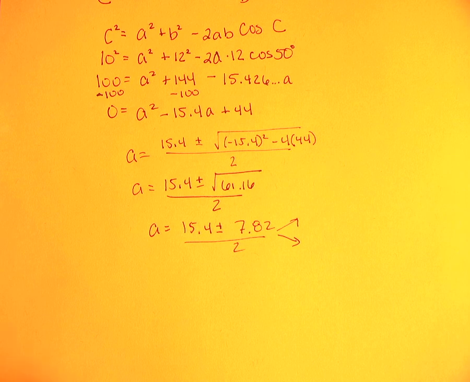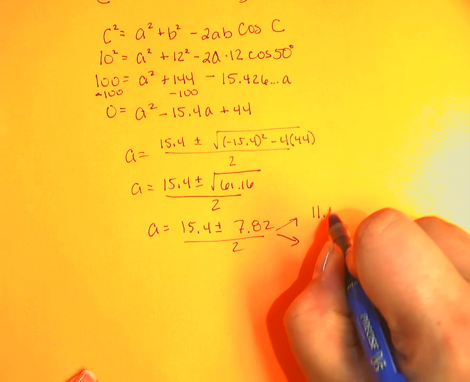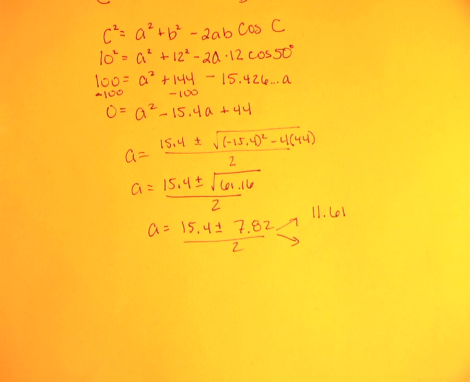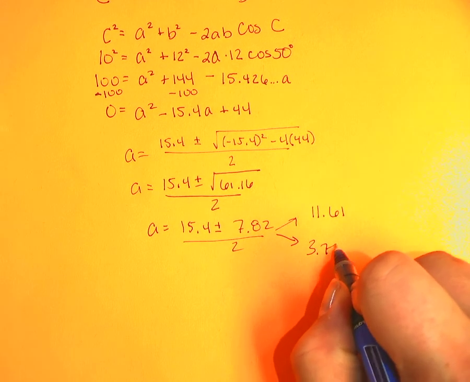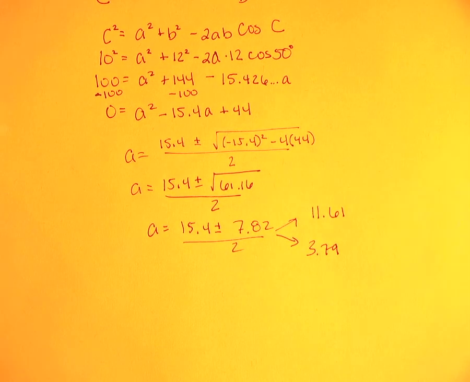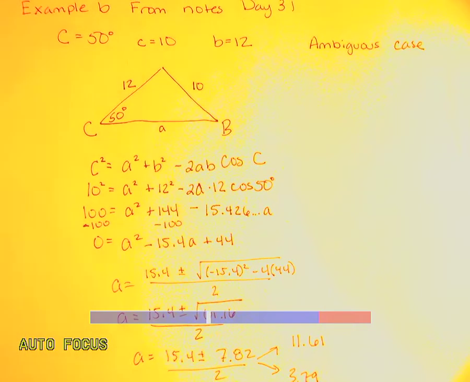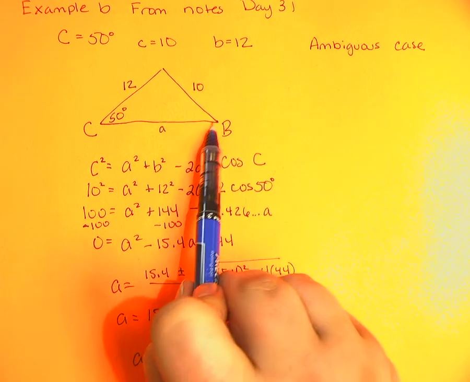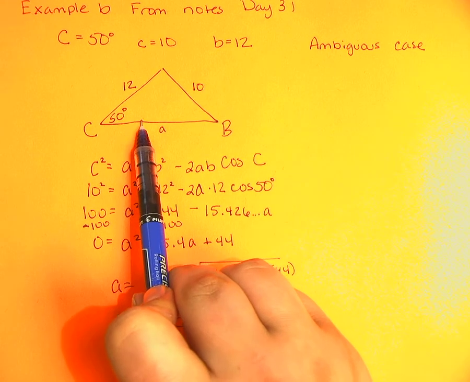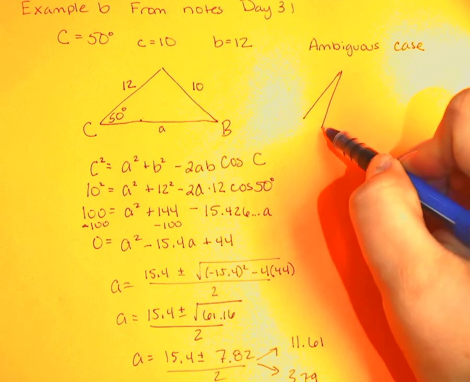So 15.4 plus 7.82 divided by 2 gives me one of the side lengths as 11.61, and for the other one, if I subtract the 7.82, we get 3.79. So that means we do actually have two triangles in this case, and I know both side A dimensions at this point. So if I go back up and draw my triangles, the second one is going to be the one where you would have moved this side in, so it's going to have the shorter side A. So my second triangle looks like this.